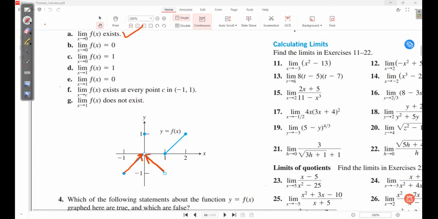B, the limit as x approaches 0 is 0. Is it true? It's true. C, the limit as x approaches 0 is 1.